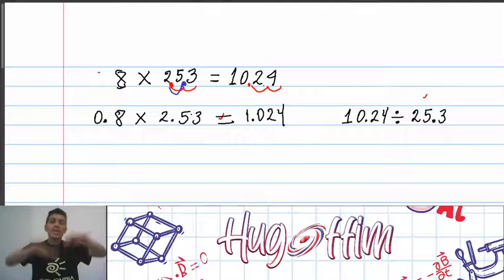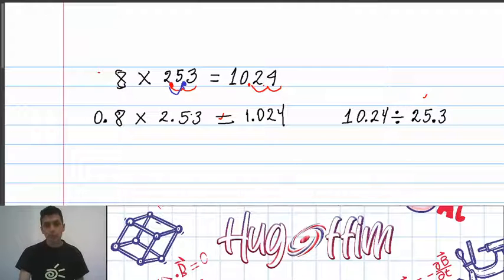So to equalize the operation, if I multiply this number by 10 to get 25.3, I need to divide this number by 10 to have 0.8. So basically what I have is that 0.8 times 25.3 is 10.24.